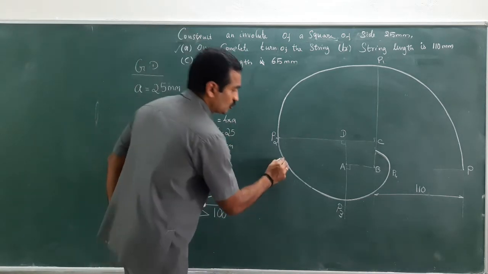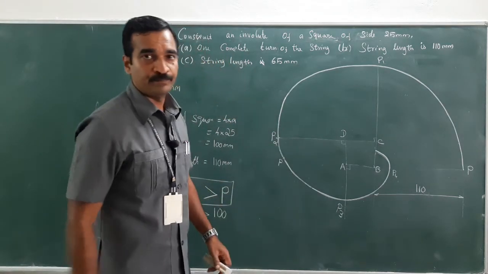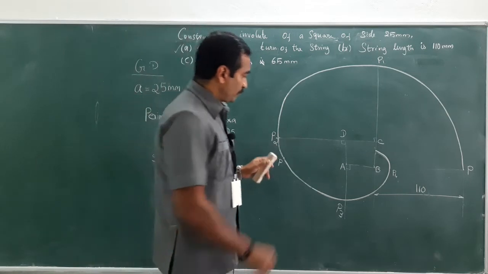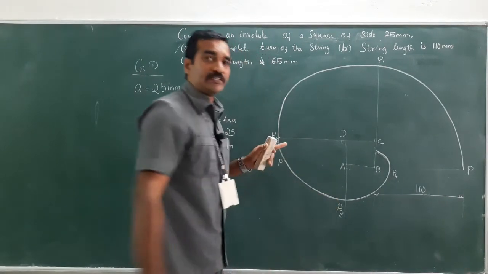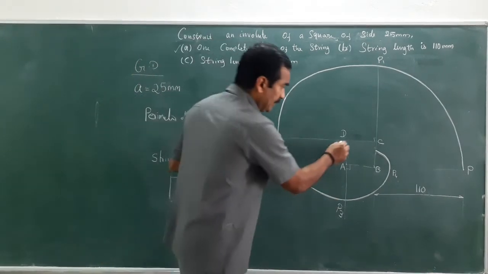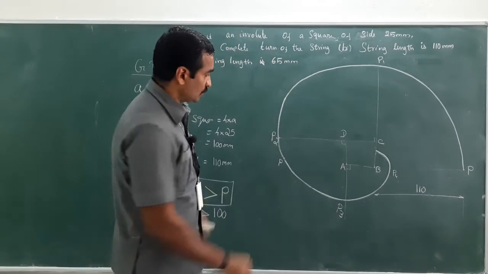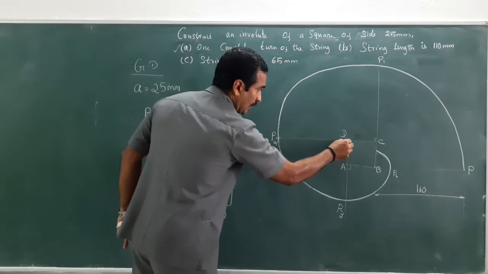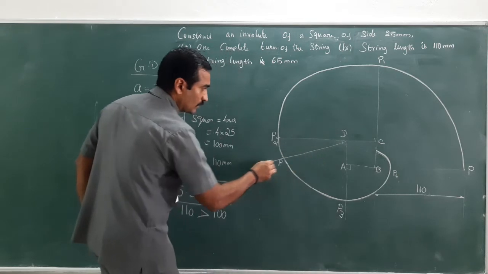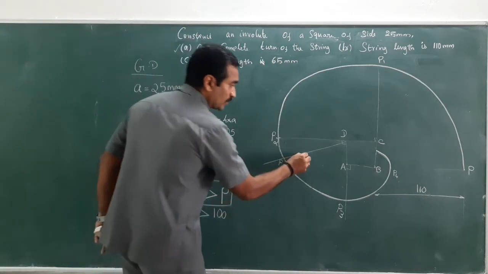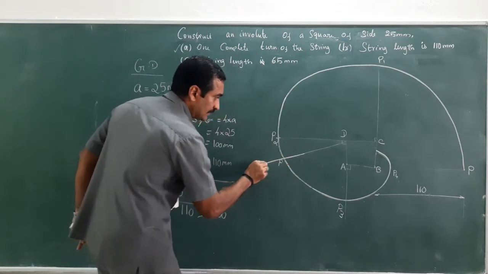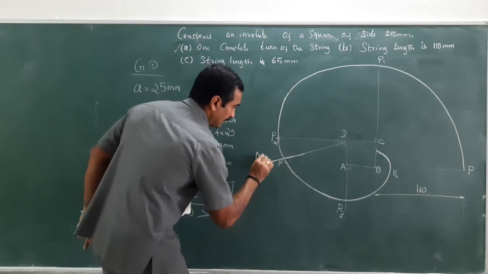From where is this particular arc being generated? From the point D, isn't it? So from point P, draw a line to D. Now darken this line. This is nothing but N dash.